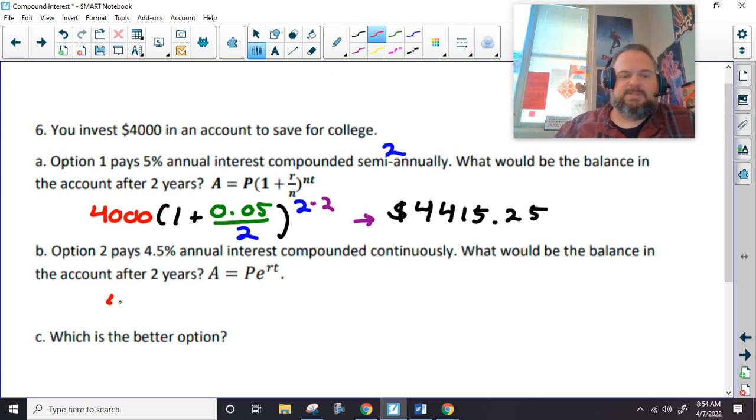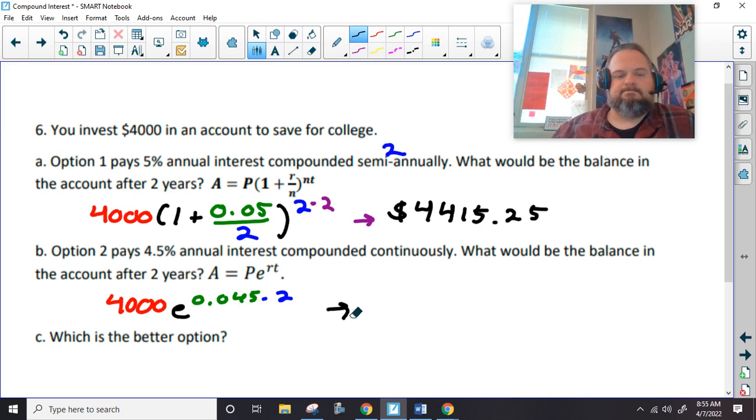Option two, same amount. to the 0.045 times 2. Okay. All right.